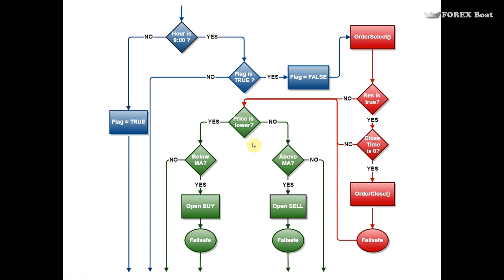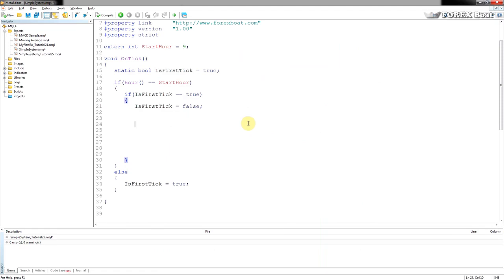So let's go to the diagram and look at the green part. What we need to check is if the price is lower than it was at the open of the market or for the day. So how we do that is we go if, so to access the price we need to use the open variable.